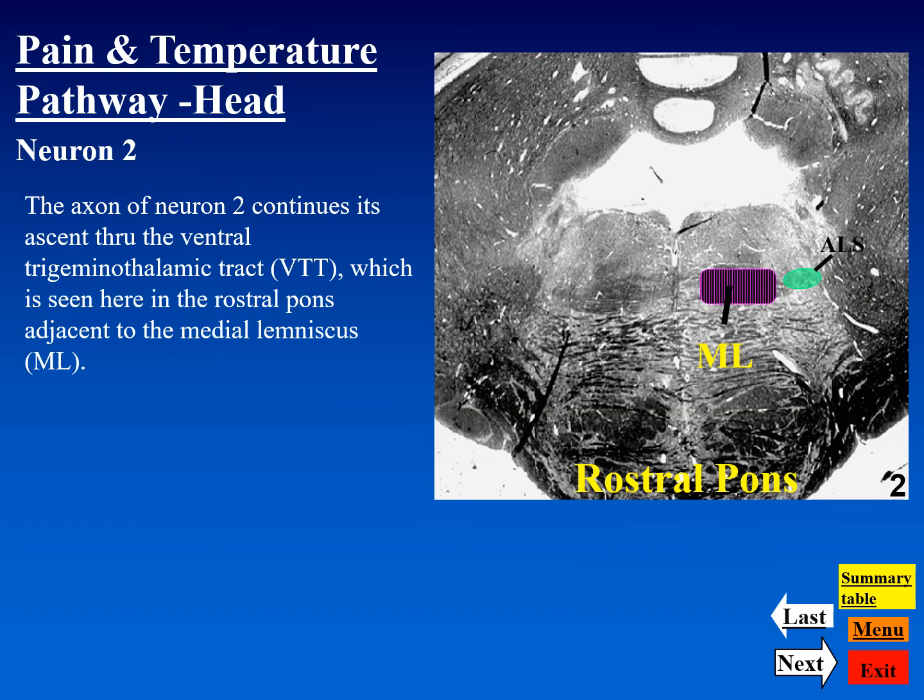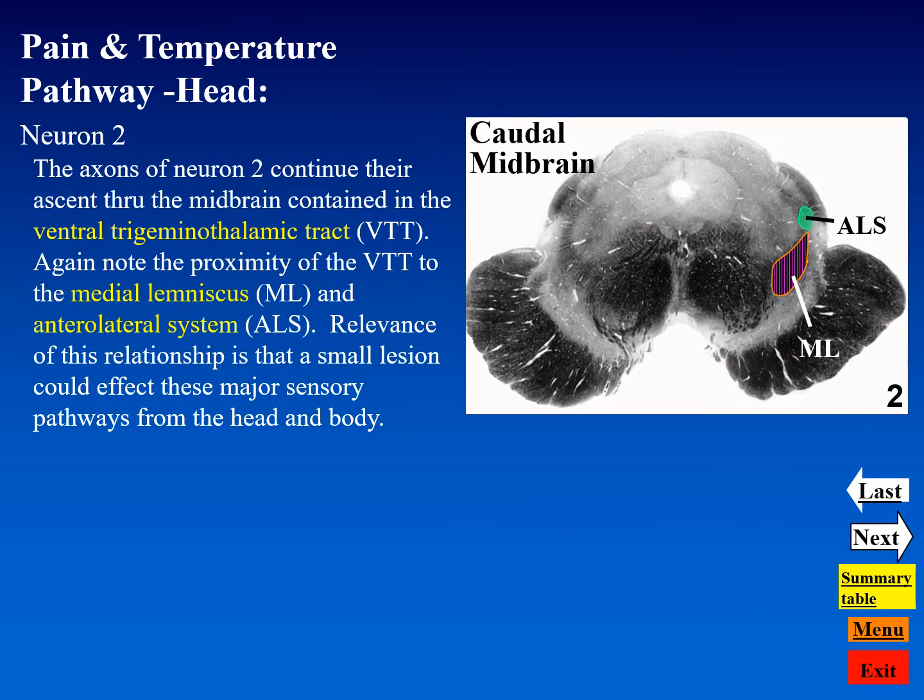And here in the pons, we again continue to see the ascent of the axons of neuron 2 in the pain pathway from the head in the VTT. Note their close relationship to the medial lemniscus and the ALS. And continuing with the ascent of the pain fibers from the head of neuron 2, we see the VTT and the ascending axons of neuron 2.